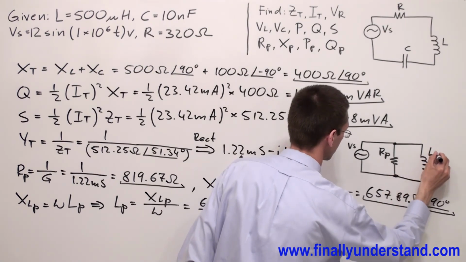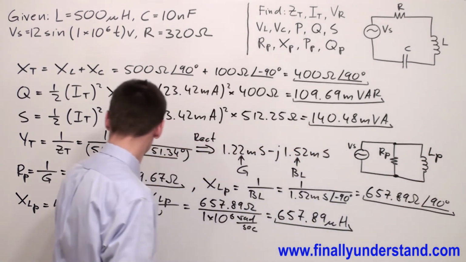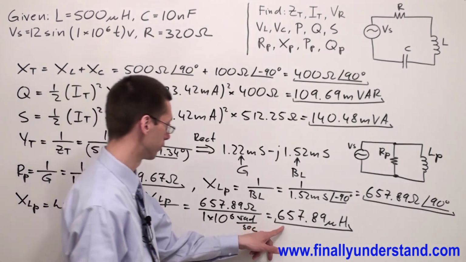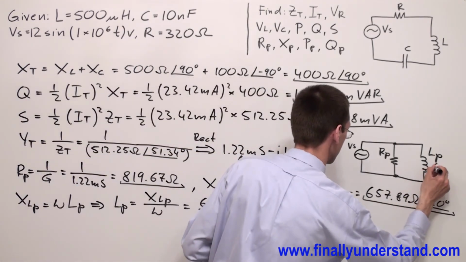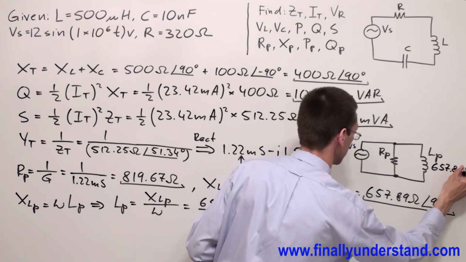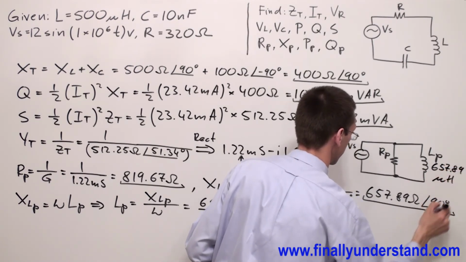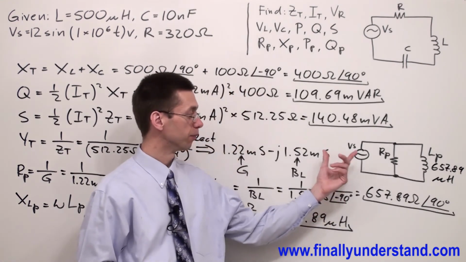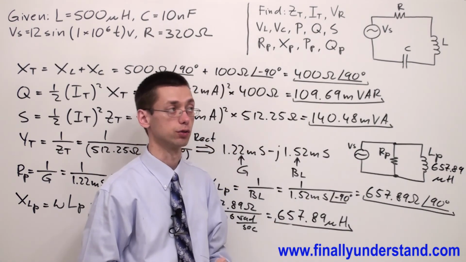I'm going to call this also LP, which has a value of 657.89 microhenries. So this is my parallel equivalent circuit.